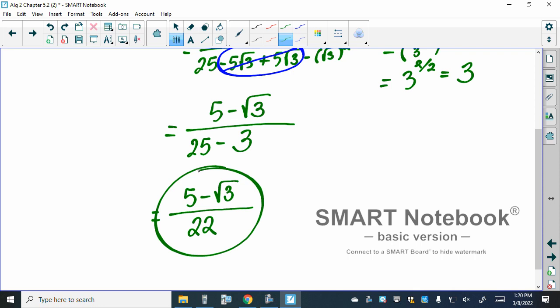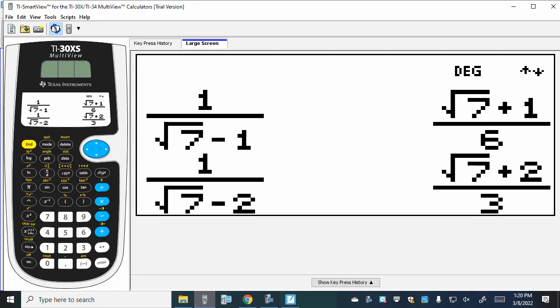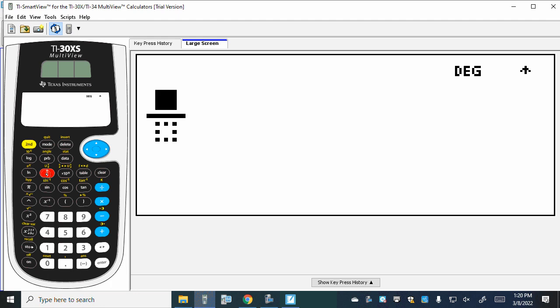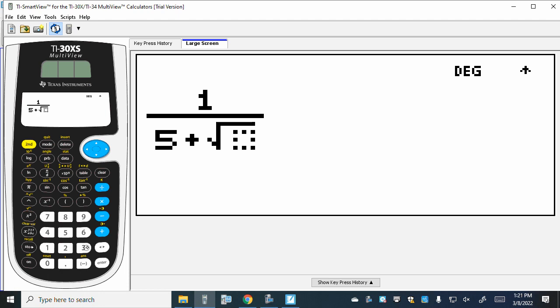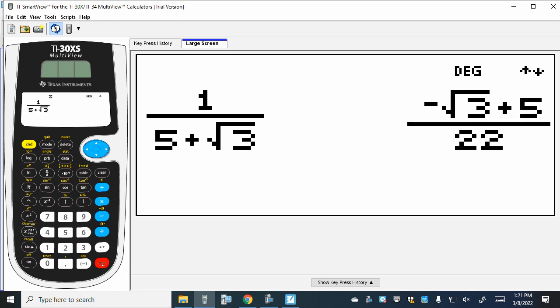Questions on this here? Let's see here. We had 1 over 5 plus the square root of 3, yes? Isn't that the exact same thing we got?